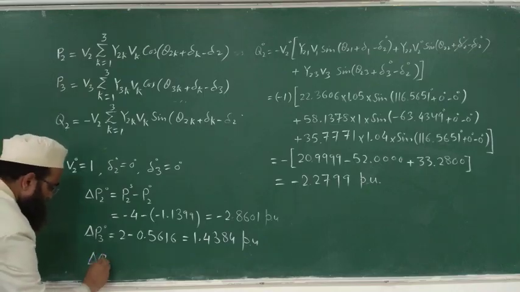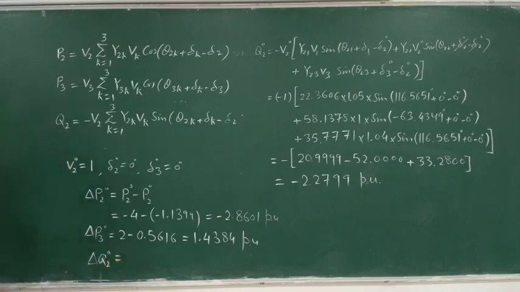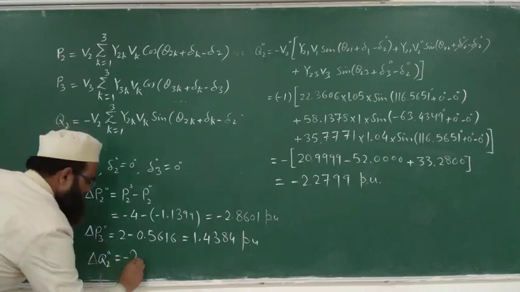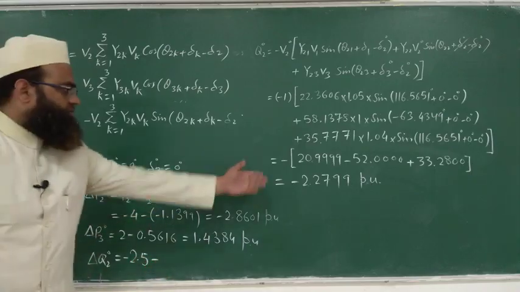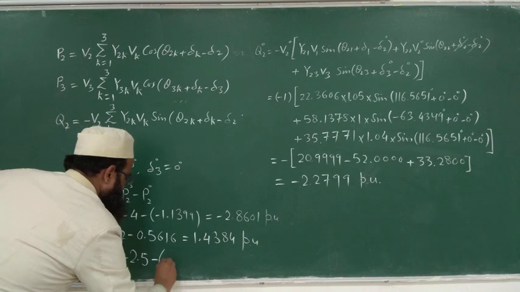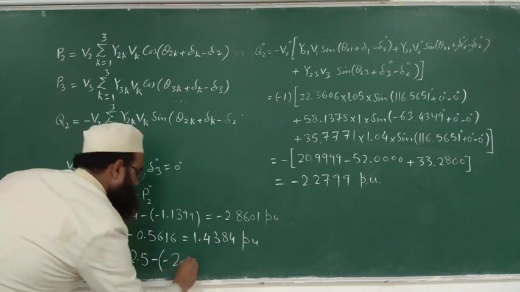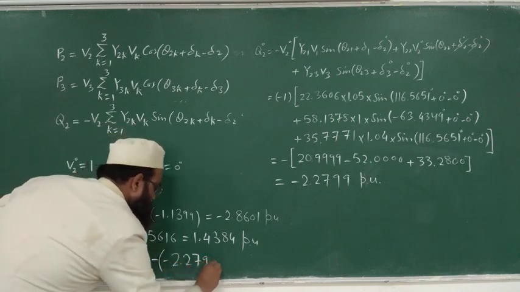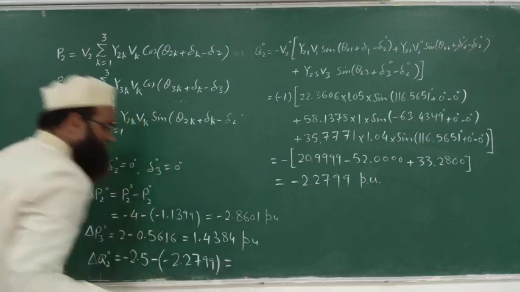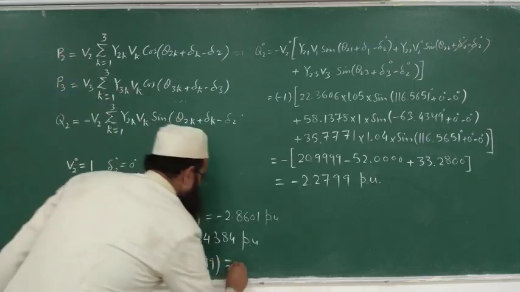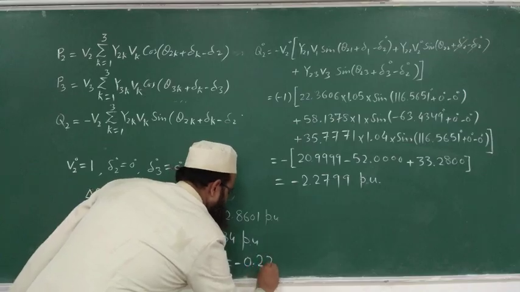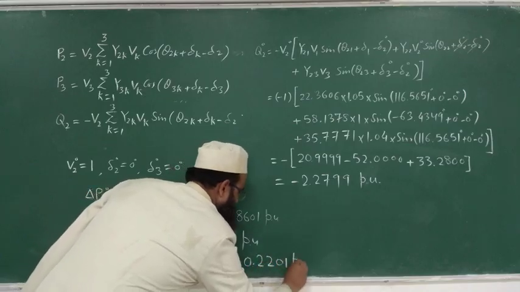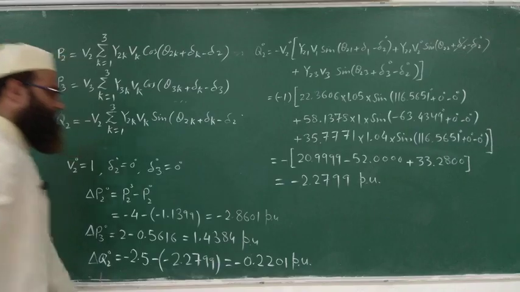Similarly, the third one, del Q2 0. So Q2 specified. Tell me the values. -2.5 per unit minus -2.2799, which is coming out to be -0.2201 per unit. Fine.